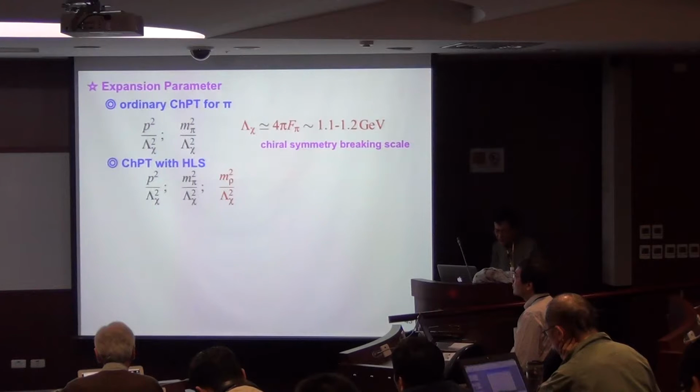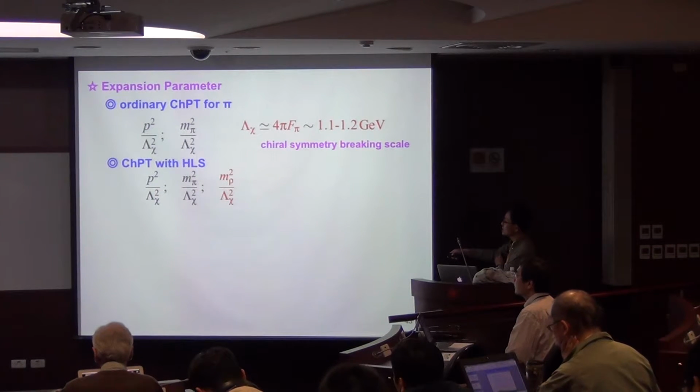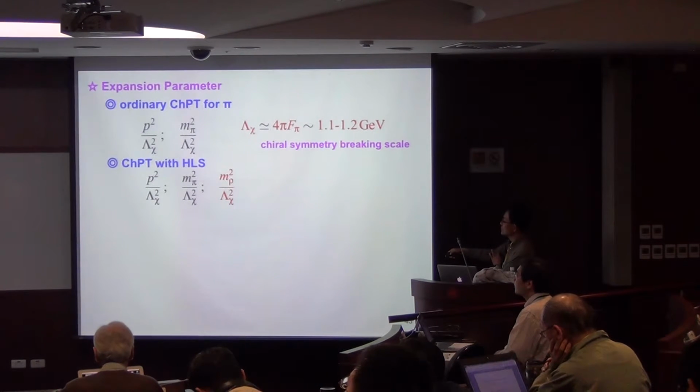Let me show the expansion parameter. In the ordinary chiral perturbation theory of the pion, these are the expansion parameters, namely p squared divided by lambda chi squared, and m pi squared divided by lambda chi squared, where lambda chi is called the chiral symmetry breaking scale and given by this form, 4 pi f pi. If you use f pi as an experimental value, you obtain this.